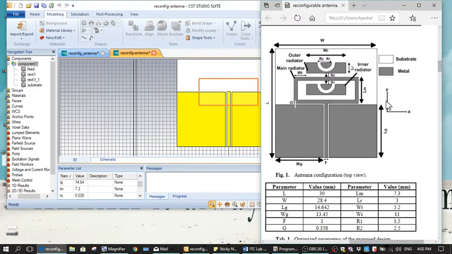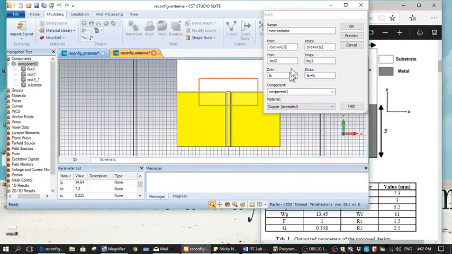We need to push this up till this point. So for that I think we need to add the half of its dimension along the y. So I need to make it less negative because I need to push it towards the positive axis.